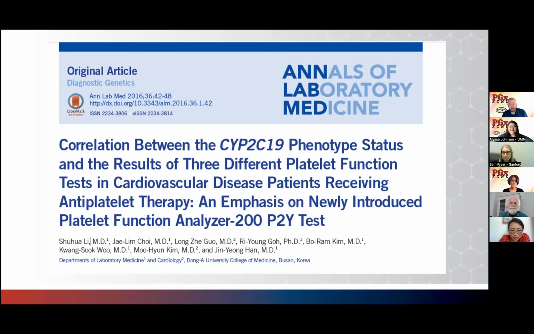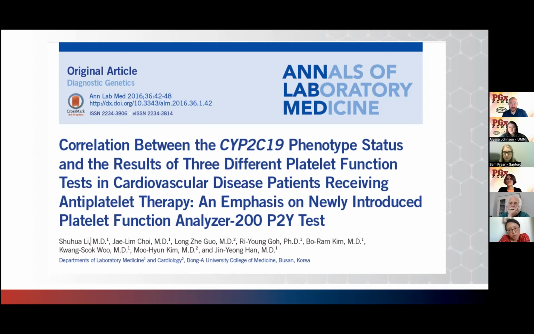With that in mind, this case has some comparisons with different testing models. We have the pharmacogenetics testing that we're going to show you, but on the side, platelet reactivity testing is commonly done. I guess that would be considered a phenotyping type test.